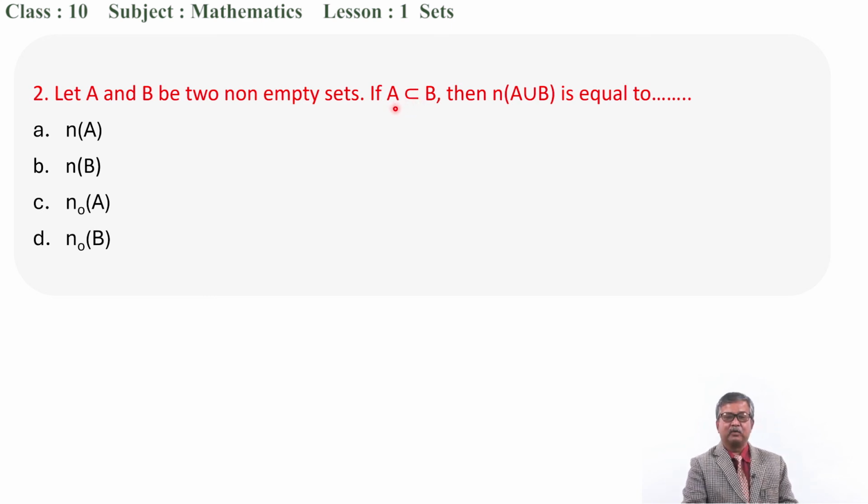Proper subsets means all the elements of set A are contained in set B. So what is this? Options: A, n(A); B, n(B); C, n not A; D, n not B. Which one is that? B. Is this correct or not? Yes, very good. The cardinal number of B is that.